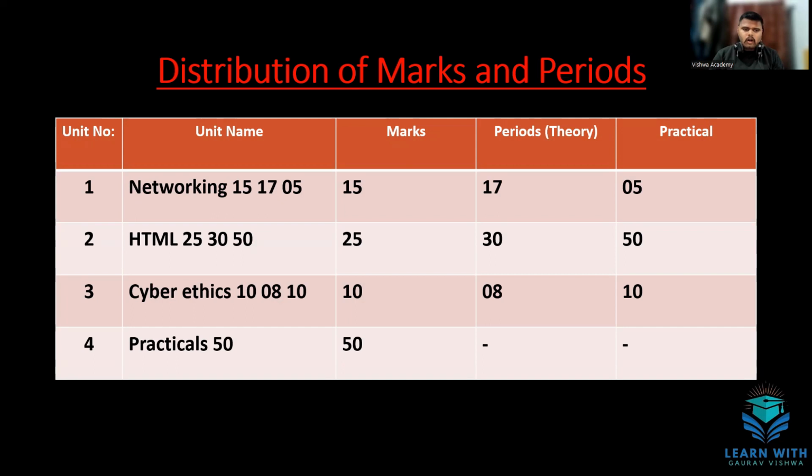Okay, so all 3 units are very important. As previously, networking comes for 15 marks, HTML comes for 25 marks, and cyber ethics comes for 10 marks, and practical will be of 50 marks. Okay, so those students who were facing difficulties previously will not face difficulties anymore.